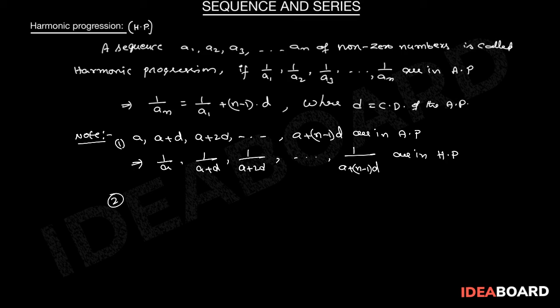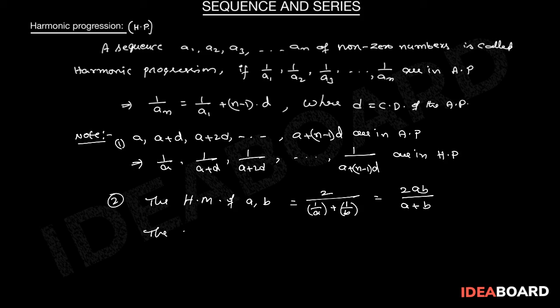Second one, the harmonic mean of a comma b that equal to 2 by 1 by a plus 1 by b that equal to 2ab by a plus b.